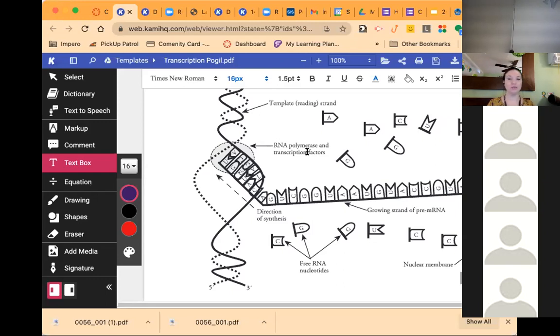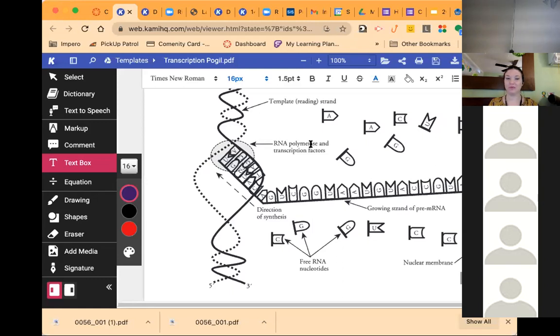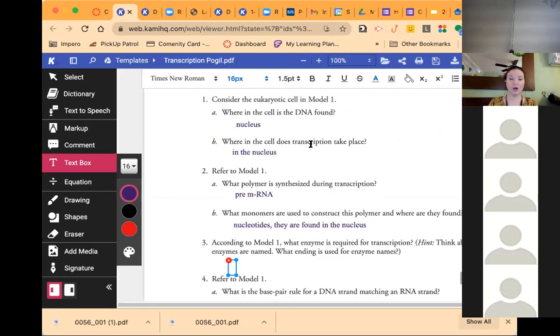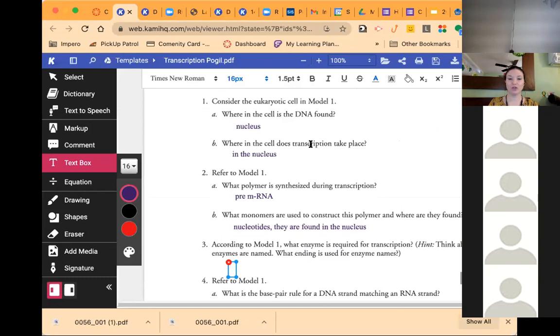Lucy, you want to give her a hand? What enzyme is required for transcription?